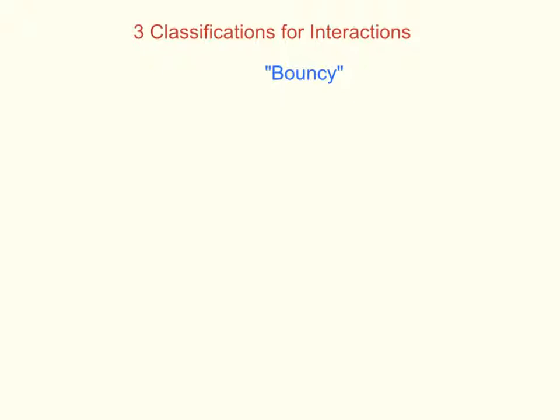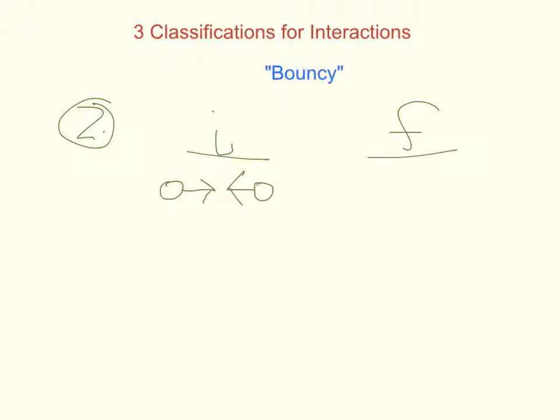For my second example, showing a bouncy interaction, we're still going to have two objects, object A and B. The difference in example 2 is that now both A and B will have their own momentum before they interact, before they hit each other, and they will also have their own momentum after they've hit each other.